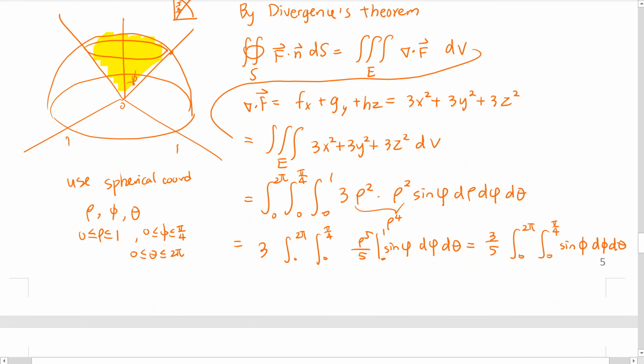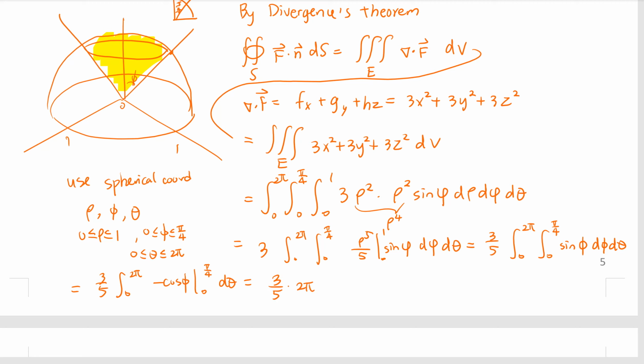Okay, and what is that? Well, the integral of sine phi is minus cosine phi from 0 to pi over 4, d theta. Because this has no theta, it's like a constant, so we just multiply our answer by 2 pi, right?